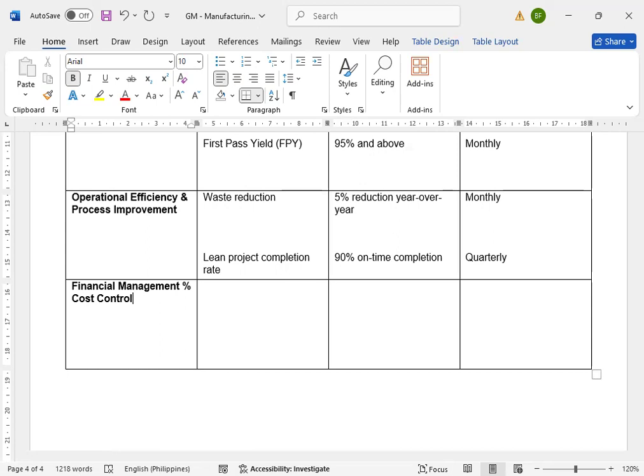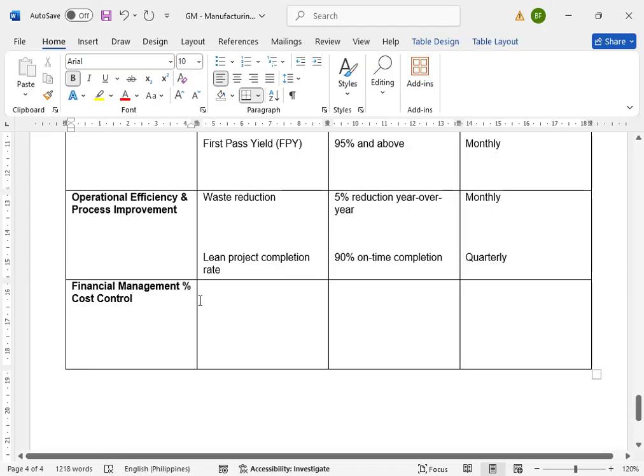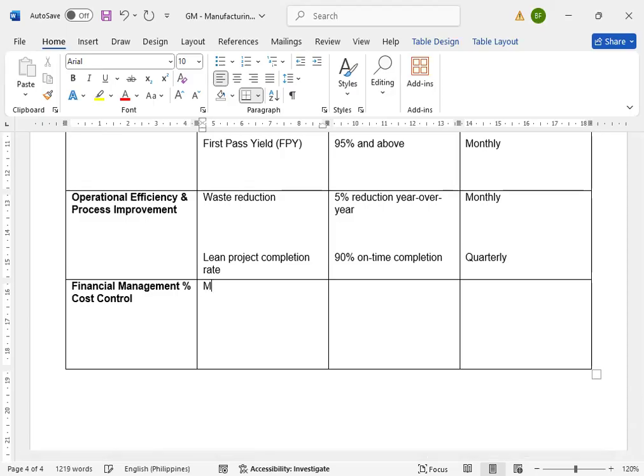The PLOC: planning, leading, organizing, and control. Okay. So this is equally important for the GM as his key responsibility. Okay. So one of these is manufacturing cost per unit.